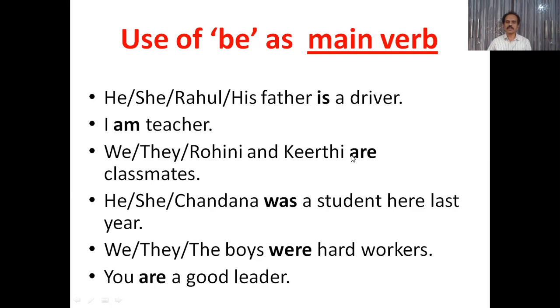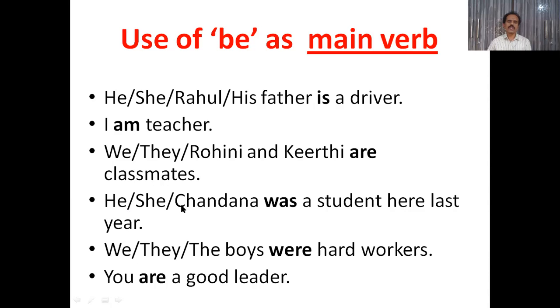Are is present tense plural. When the subject is plural and the tense is present, we use are. ಅನ್ನು ನಾವು ಬಳಸ್ತೀವಿ. And here also it is used as a main verb because there are no other main verbs or action words used here.